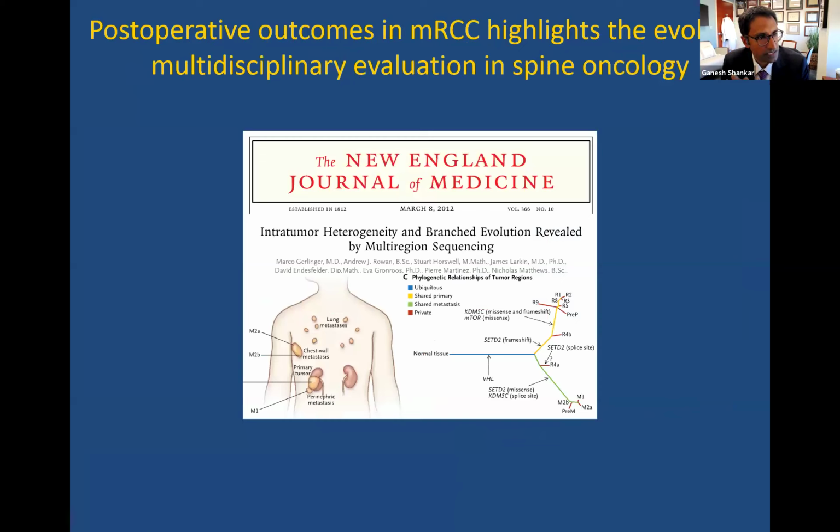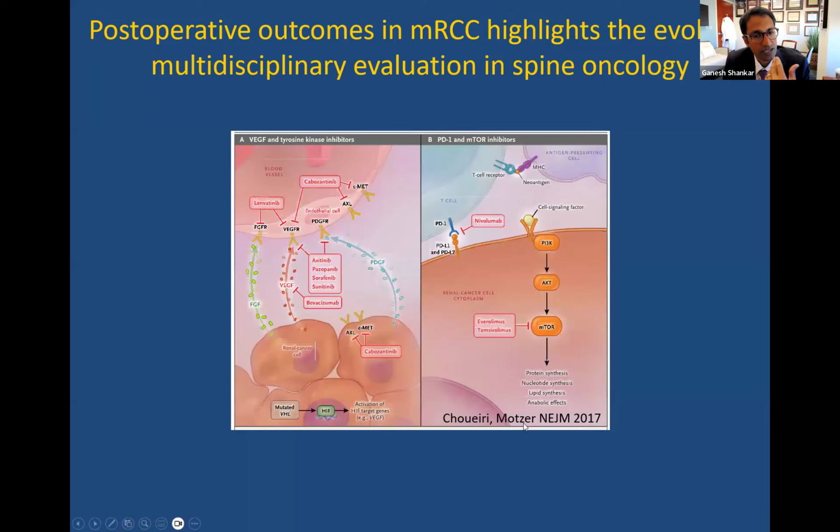One of the fascinating pieces that has come out over, I'm going to say, the last 2 decades, as genomic sequencing has improved by leaps and bounds, is how much we can appreciate in terms of tumor evolution from the primary site as the tumor evolves and spreads around systemically. It acquires new mutations that might render it resistant to certain classes of tyrosine kinase inhibitors, but make it sensitive to other classes. So there are many different options for patients with renal cell carcinoma.